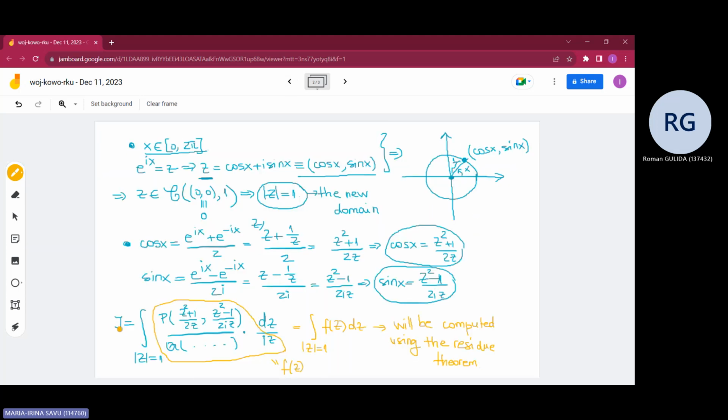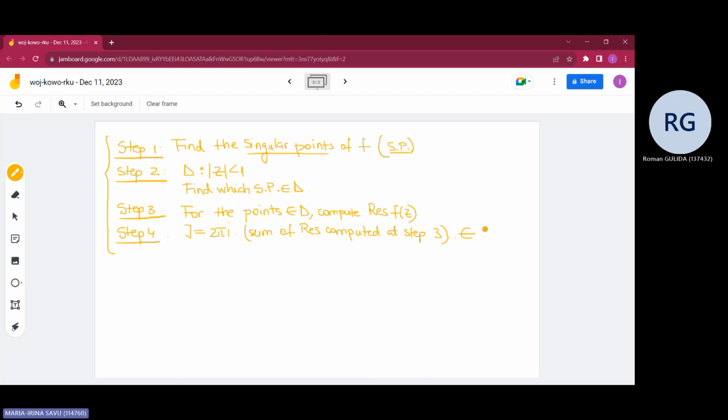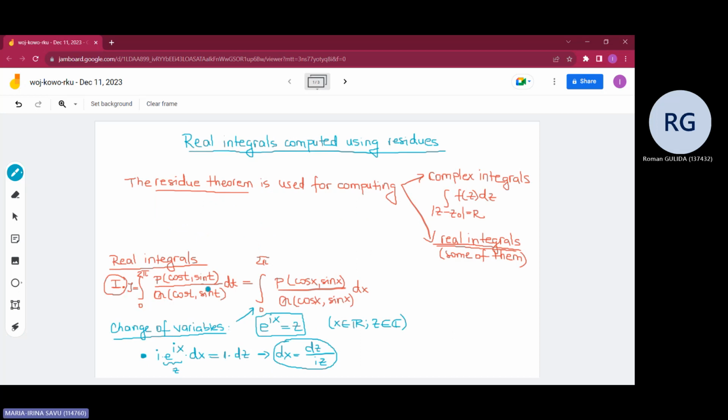Okay, these are the steps to follow in order to find the value of this I. And in the end, you must obtain something real, because this integral at the beginning was real.